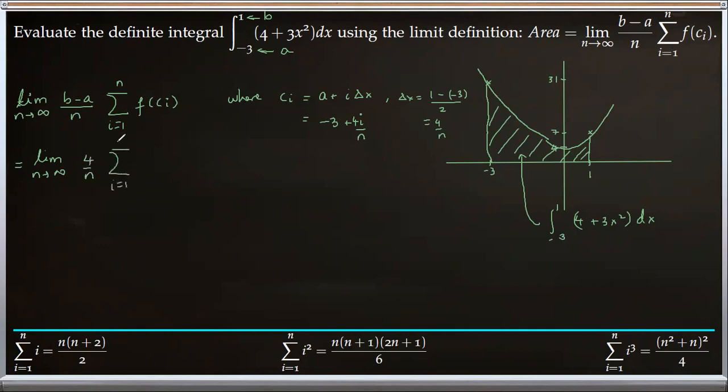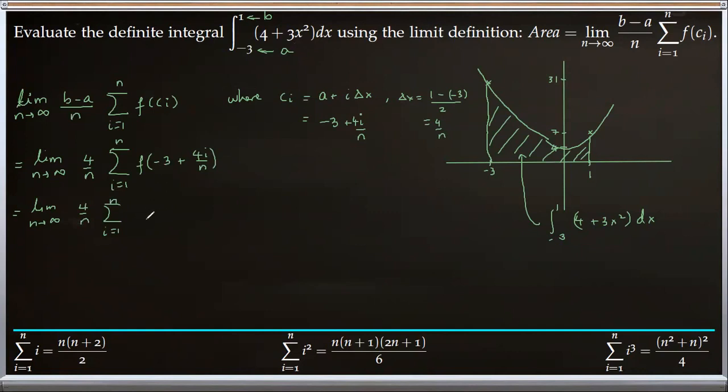Sum i equals 1 to n, and f of c_i will be, for now, I'm just going to write that as -3 plus 4i by n. This becomes limit n goes to infinity, 4 by n, sum i equals 1 to n. f of x is 4 plus 3x squared.